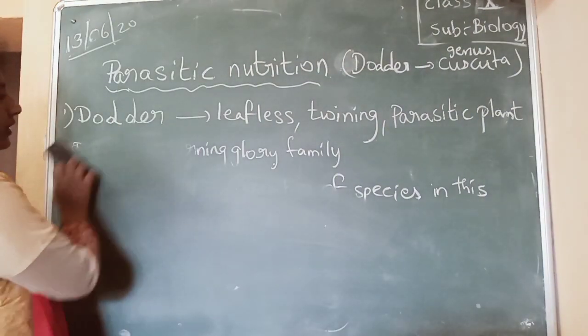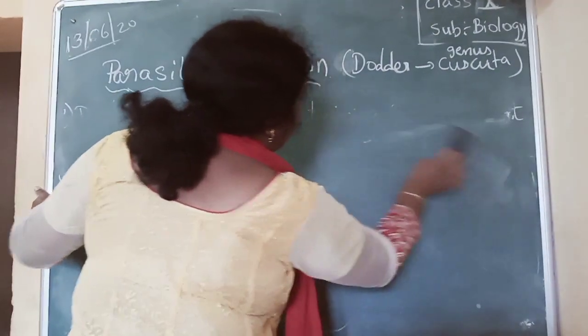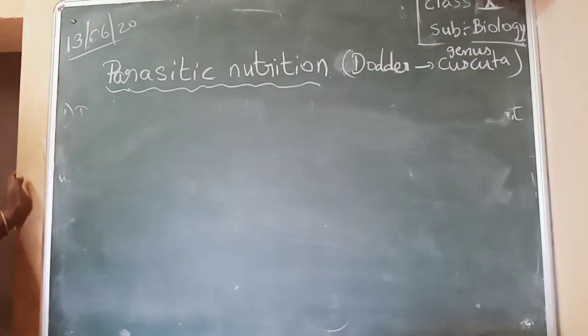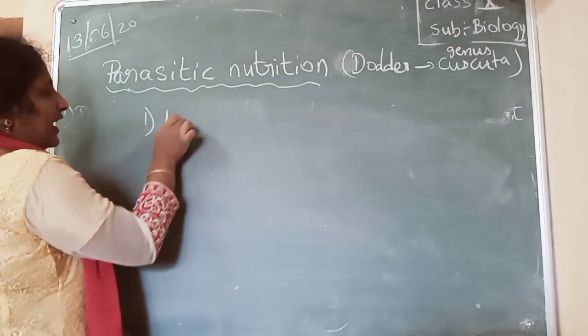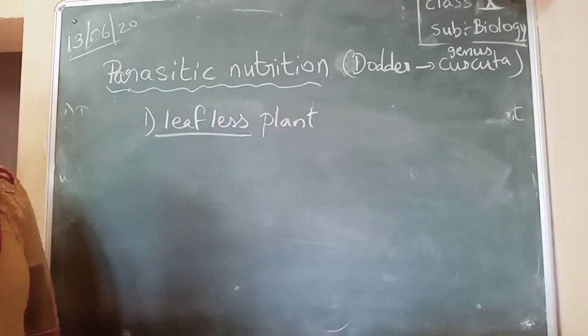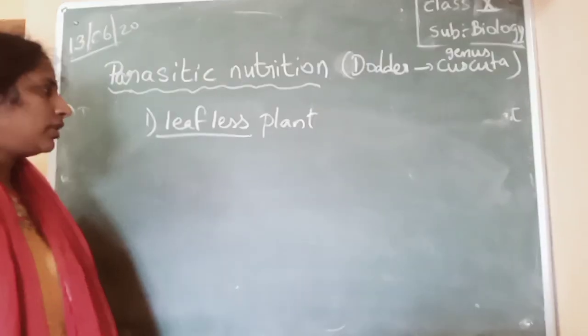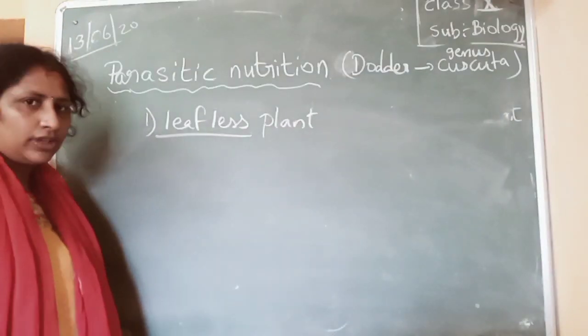Now coming to the Cuscuta or dodder plant, we have already said it is a leafless plant. In the Cuscuta plant there are no leaves.